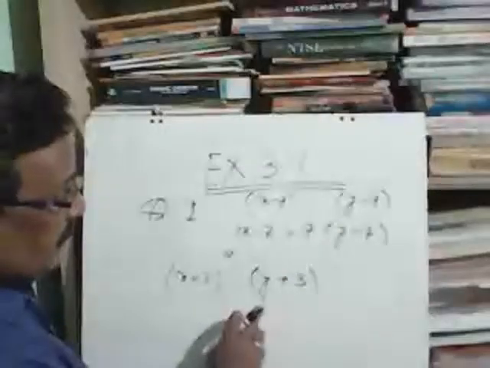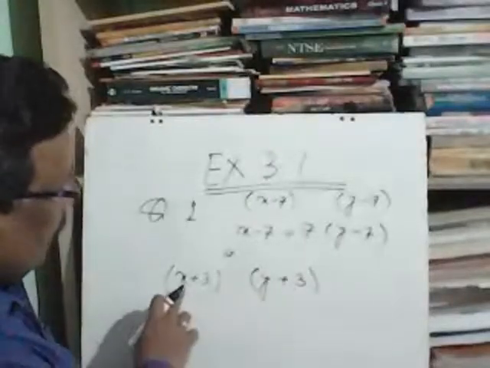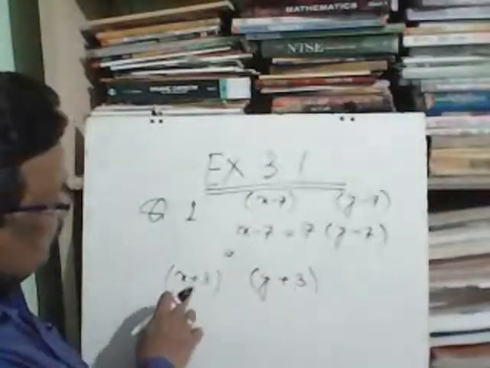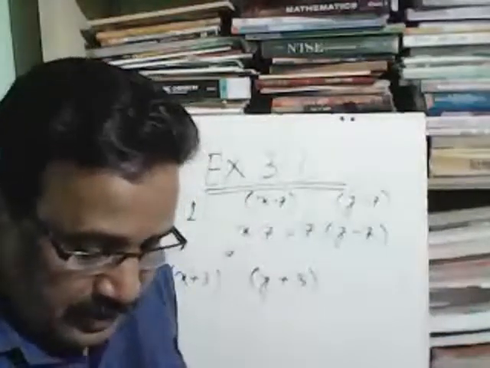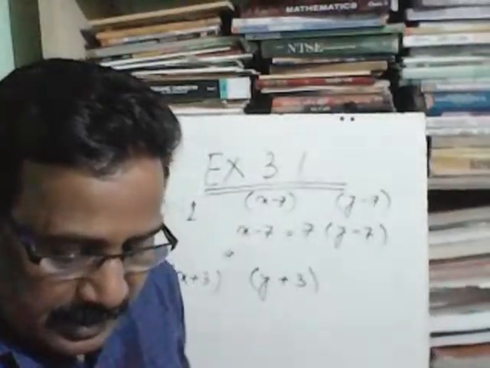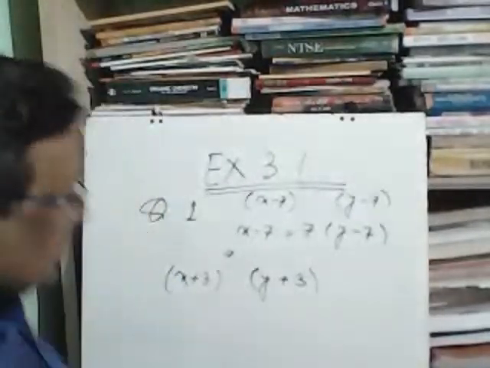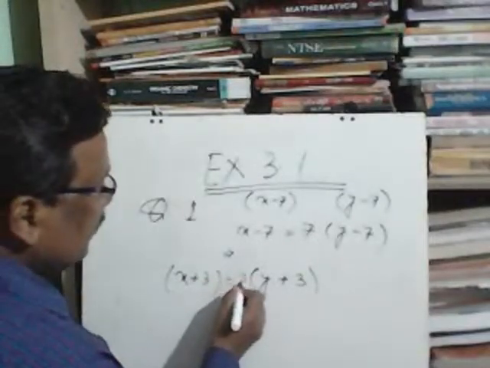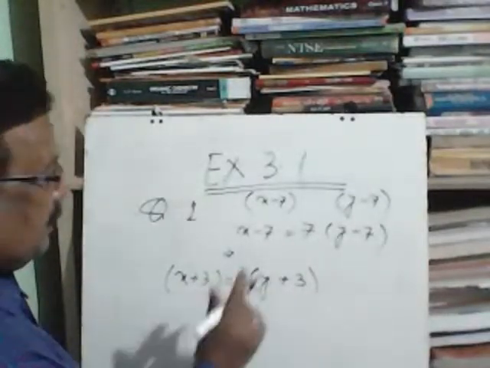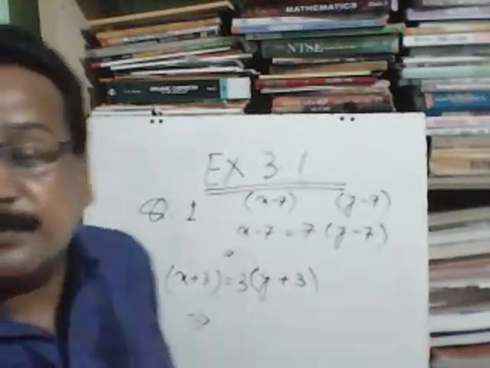As per the question, I shall be 3 times as old as you will be, which means x plus 3 equals 3 times (y plus 3). Then simplify and write the two equations in the standard form.